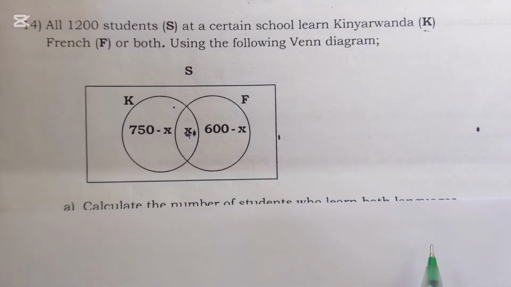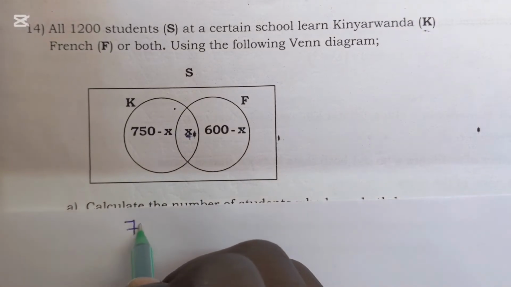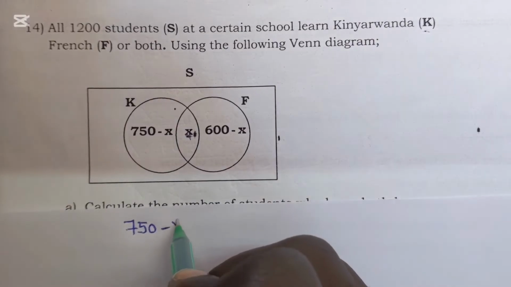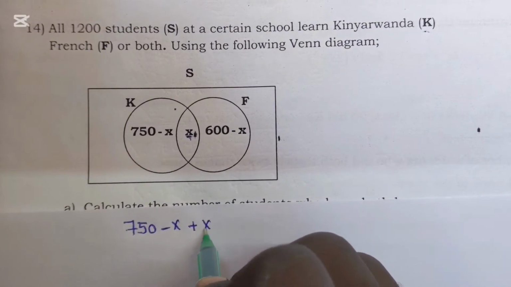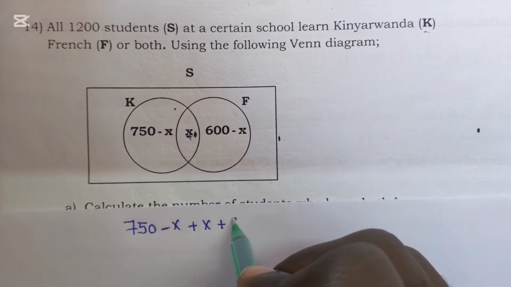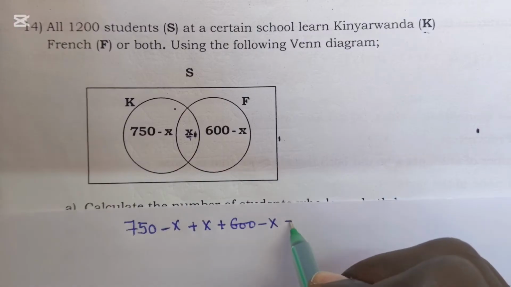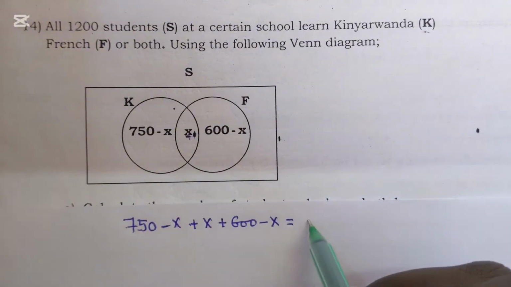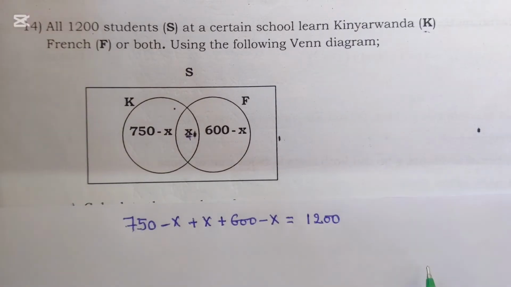This is equal to 750 minus x, then plus x, plus 600 minus x, which must be equal to the number of students, 1,200.